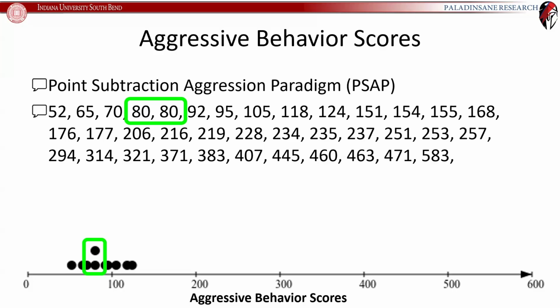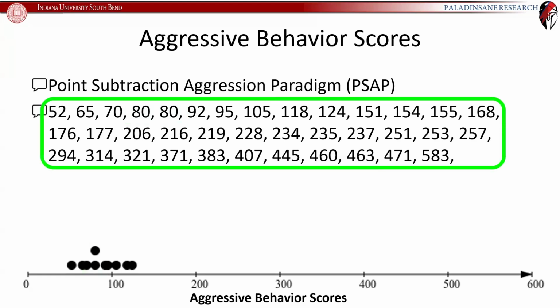So as scores are duplicated, the stack of dots is just going to get higher and higher. So this is a really quick way to see that, well, there's a lot of individual scores, but one of the scores has been duplicated. There's actually two scores that are a score of 80. And then we continue to do this with every single point of data. And eventually we would get a dot plot that looks like that.